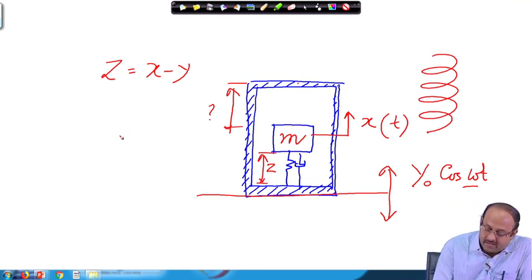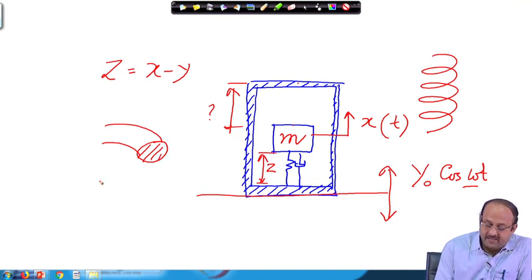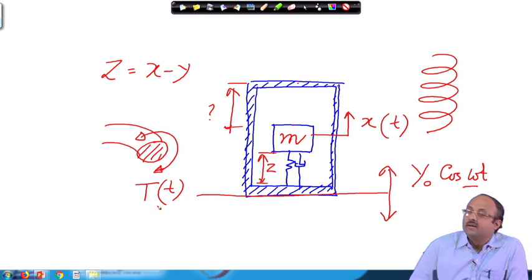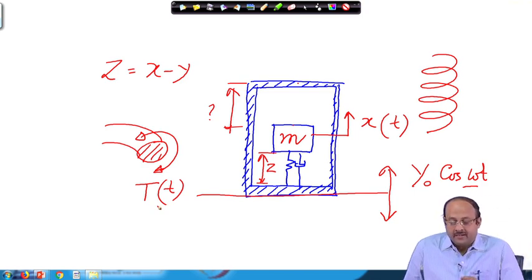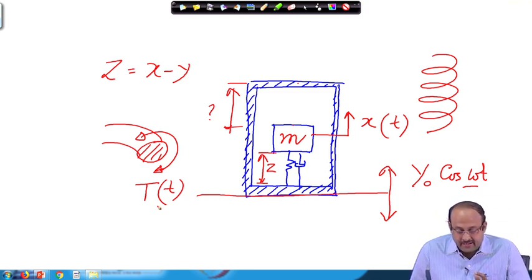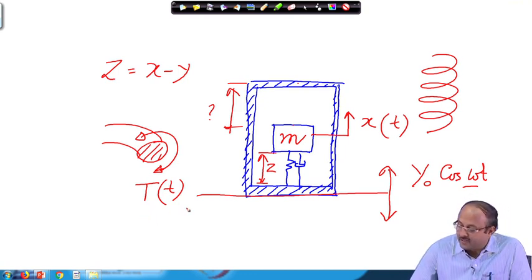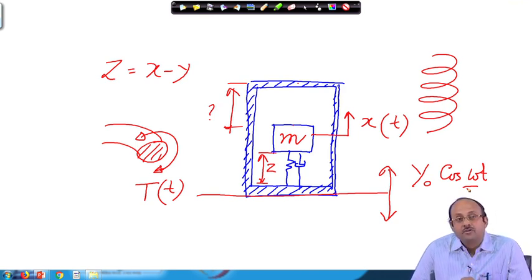Now, if you consider a part of the spring, then whenever there is a deformation, this spring experiences a kind of torque, and this torque is fluctuating. This torque will have the same fluctuation frequency omega, which is the driving frequency. Now, if you have a fluctuating torque, then there may be a fatigue failure.